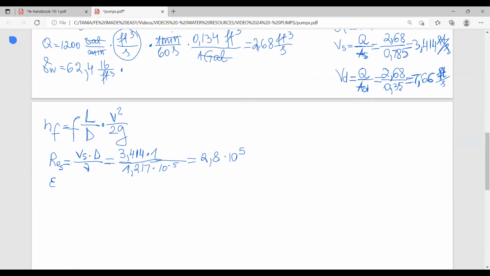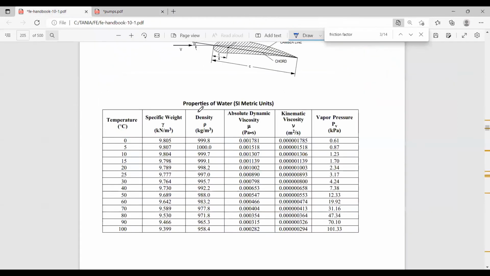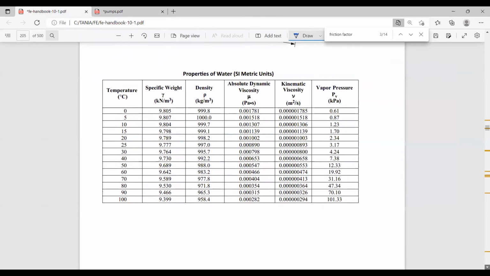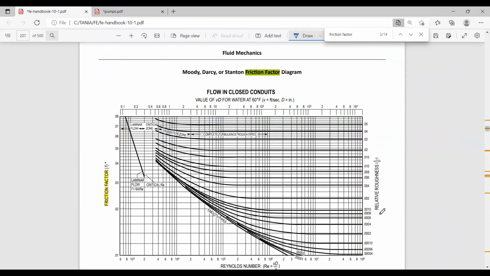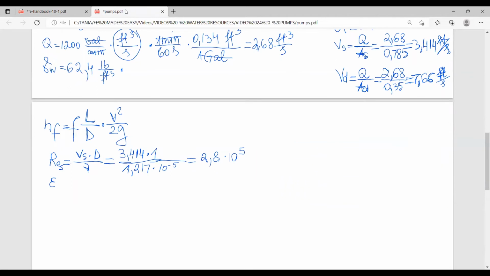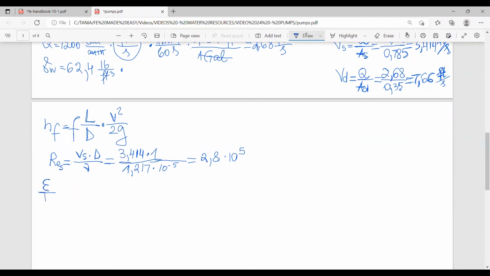Now let's calculate the relative roughness of the suction line, which we have to calculate in order to get the friction factor. This is epsilon over the diameter in suction, and also we have to calculate epsilon over diameter in discharge.